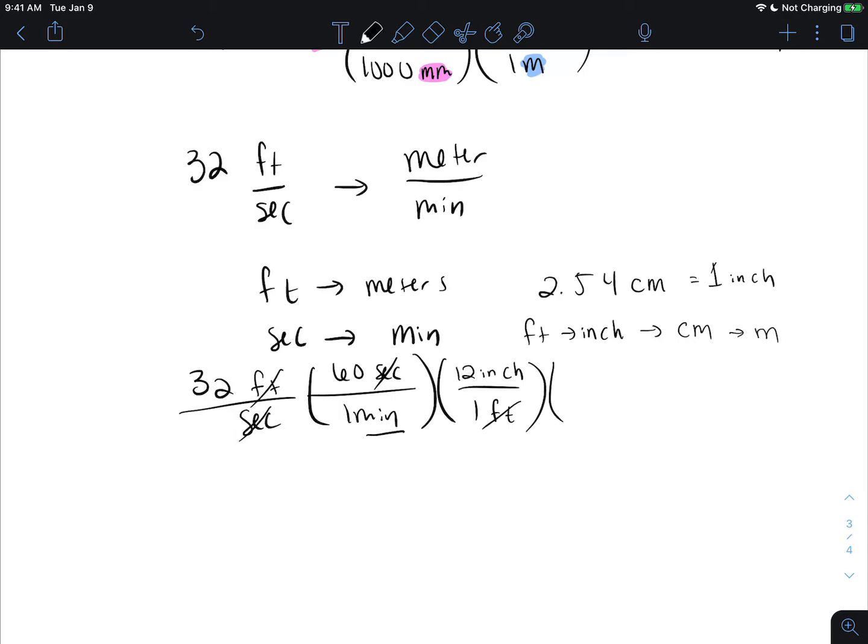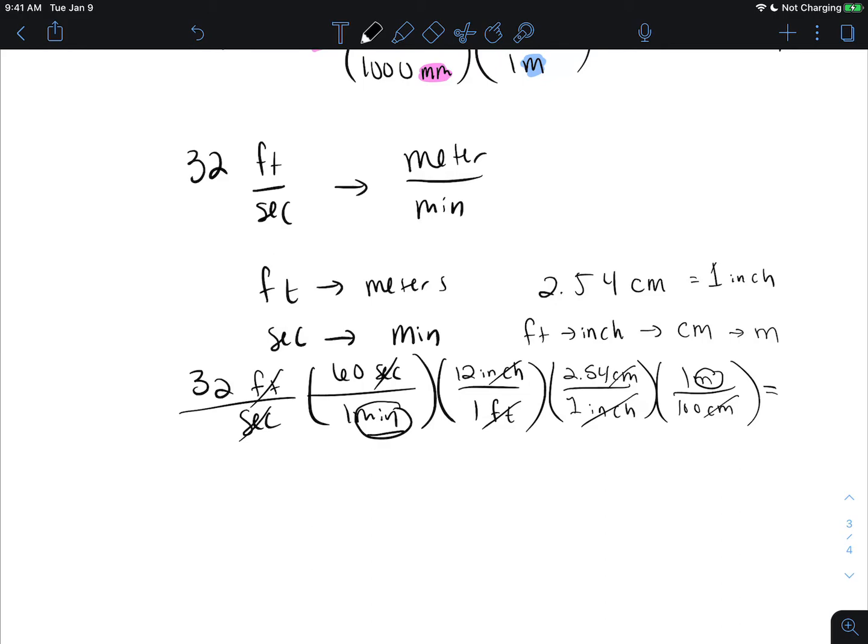Then we have, for every 1 inch, 2.54 centimeters, canceling out our inches. And then there are 100 centimeters per 1 meter, leaving us with meters per minute.